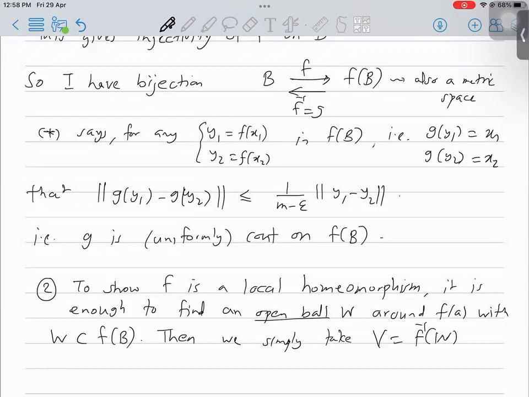Once I ensure that there is such a W, do I have to worry about V being open? No, because f is continuous. So this is okay, which is open by continuity of f.